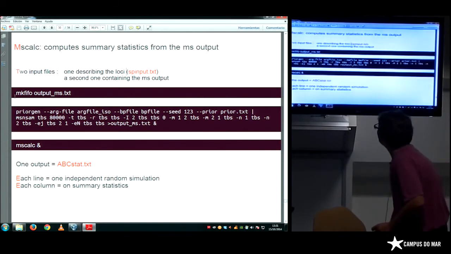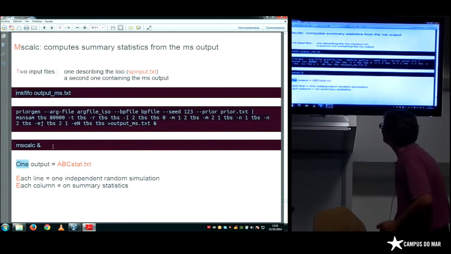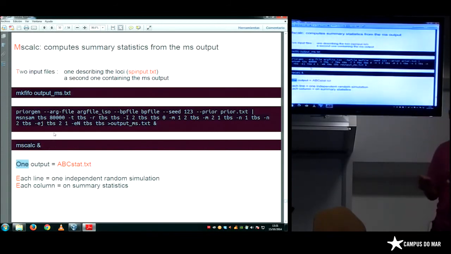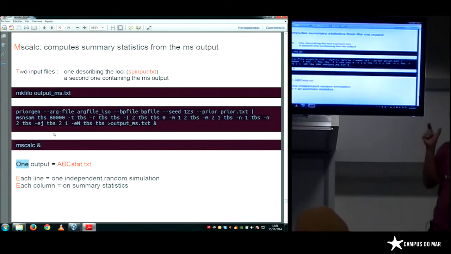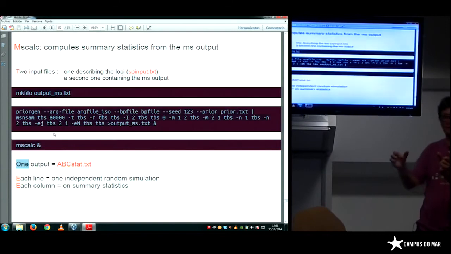So here is the tricky part to do ABC: it's not a good idea to keep all the results of the simulation in files. It's better to calculate the summary statistics, keep only the summary statistics, and erase the output of MS.